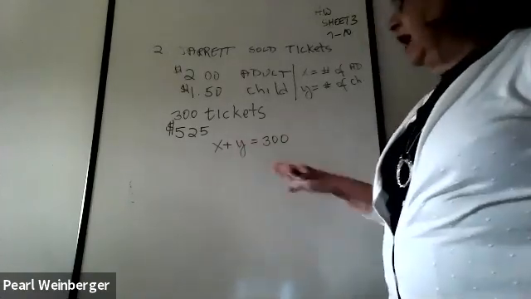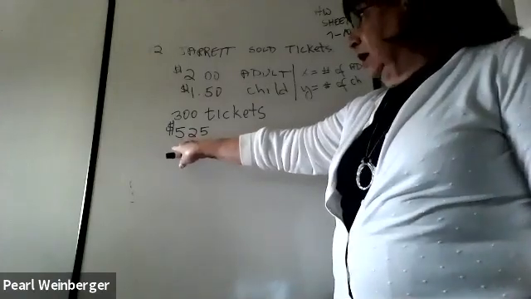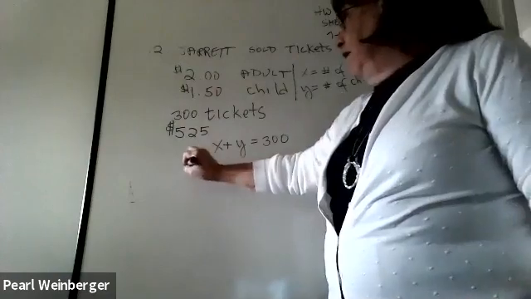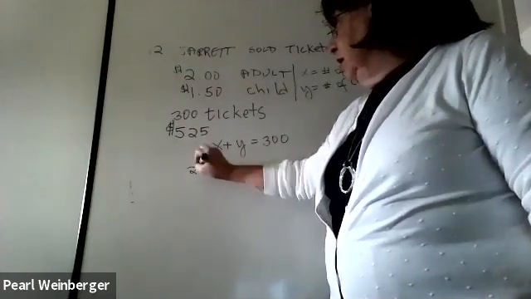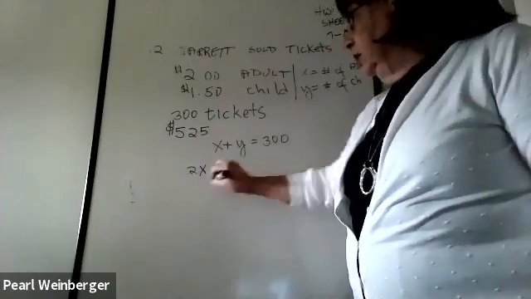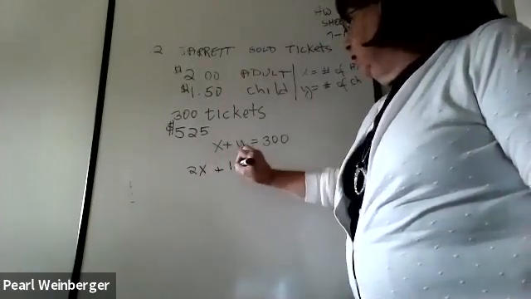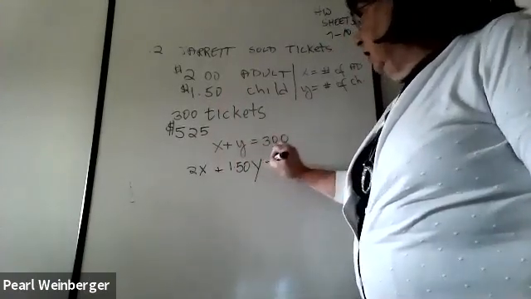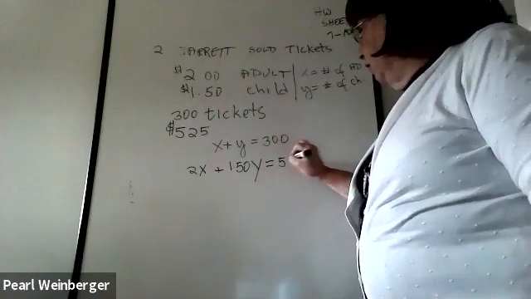Okay, the next thing has to do with money. So with money, we have to include the money. So we have 2X, because each of the adult tickets costs $2, plus 1.50Y equals 525.